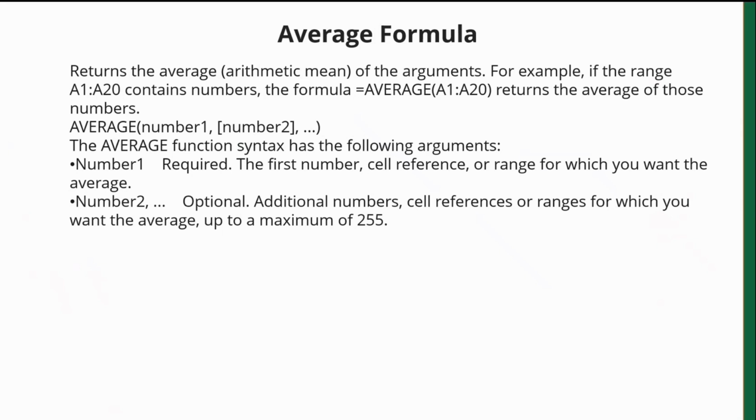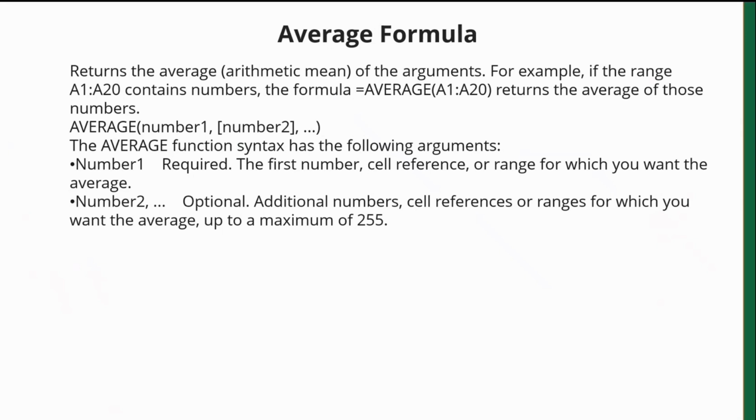As I said, I'm using Microsoft Excel version 2021, and all my columns are letter labeled. The same way that we computed the sum formula, we will be computing the average formula.